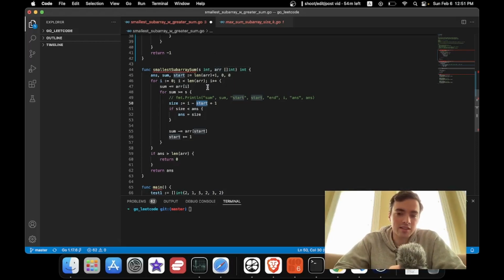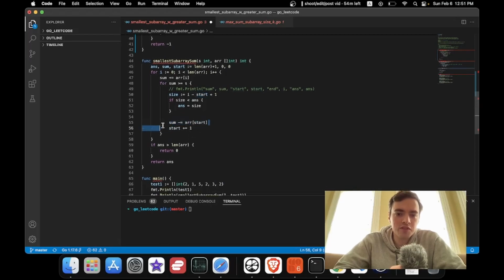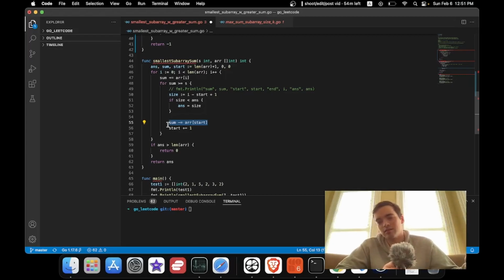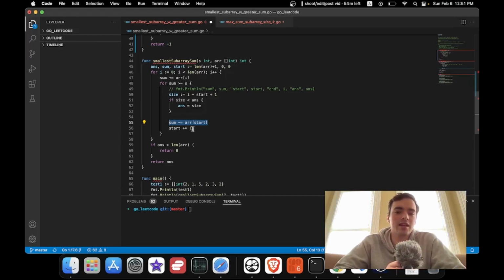Ideally, any subarray is going to be smaller than that, so it's going to replace it. And then it removes the furthest left element of your current subarray, and increases the left side index value by 1 as well.